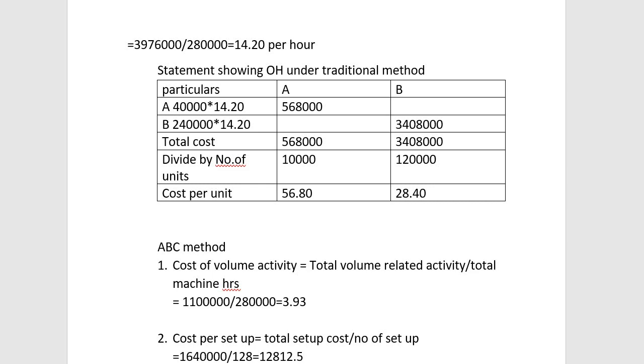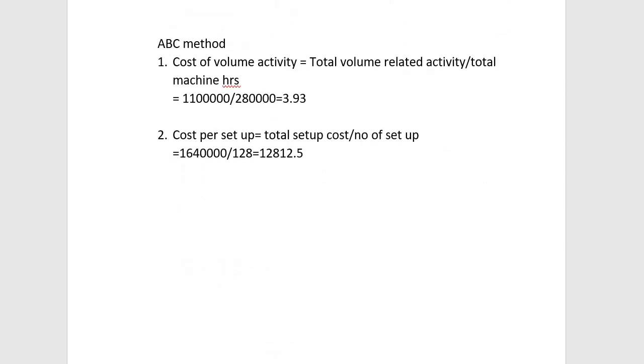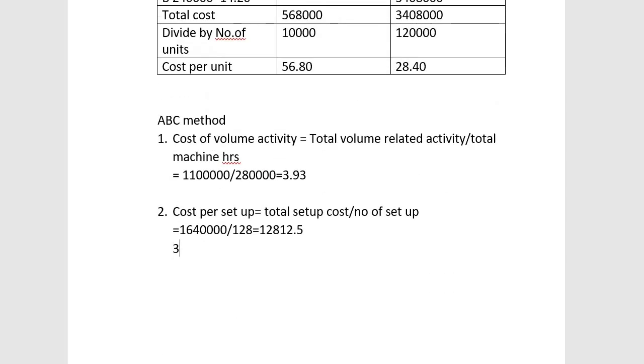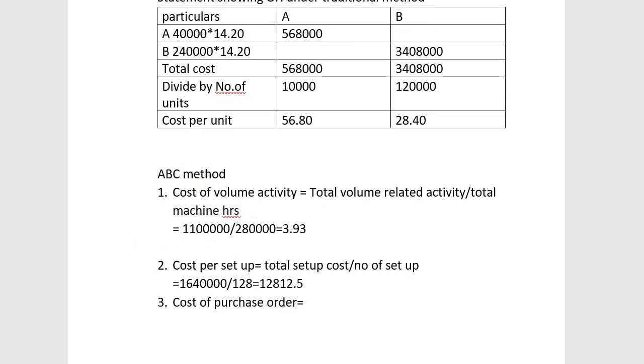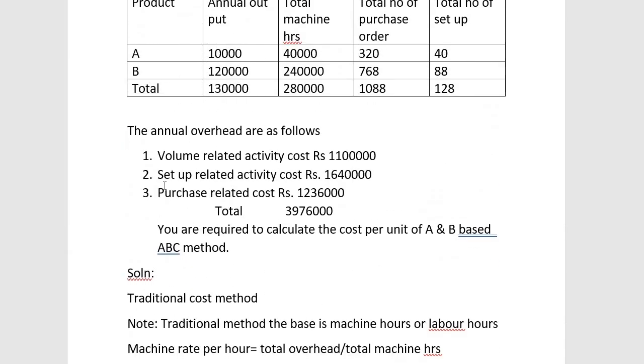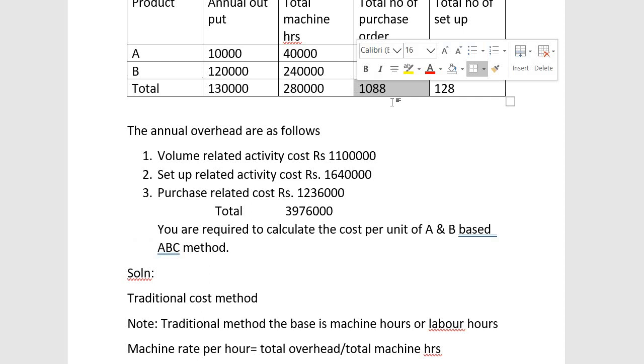And the third overhead is the cost of purchase order. You can see here the purchase related cost is 12,36,000. The base for purchase order is the total number of purchase orders, that is 1088.